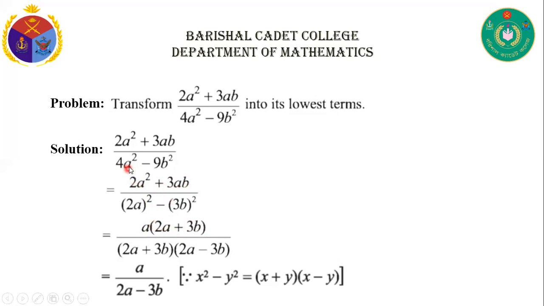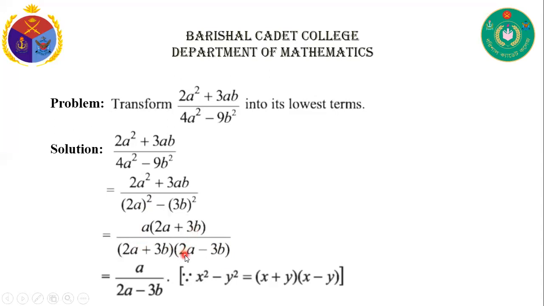And here we can write 4a square minus 9b square as 2a whole square minus 3b whole square. That is the a square minus b square formula, and we can write it as 2a plus 3b into 2a minus 3b. Now we have factorized the numerator and denominator.